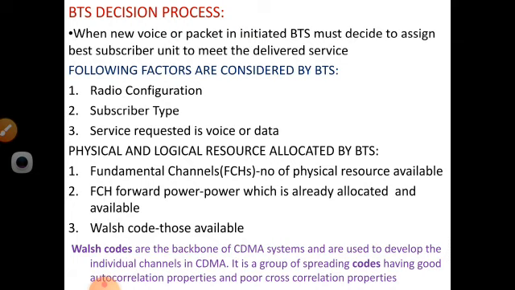By using this Walsh code, you can spread a larger amount of data from one portion to another portion. It is a spreading code having good auto correlation properties, but when you go for cross correlation, the Walsh code produces poor cross correlation properties. Apart from this, we have finished the first type, that is, the radio and network components.